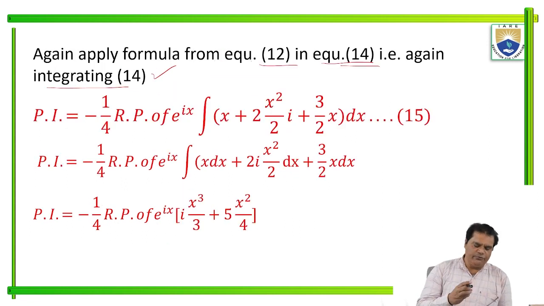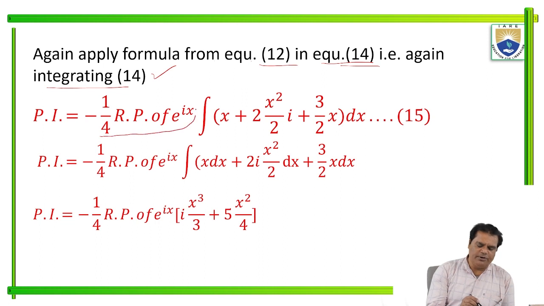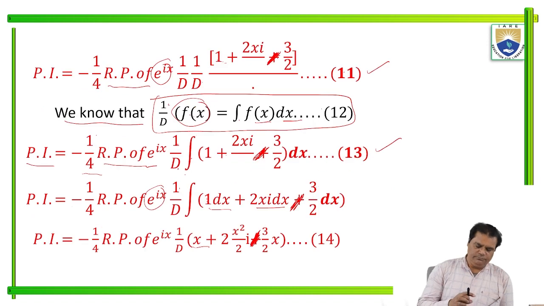So again applying in 14 means minus 1 by 4 Rp of e to the power ix, integration here. Here 1 upon D is given, 1 upon D is integration.